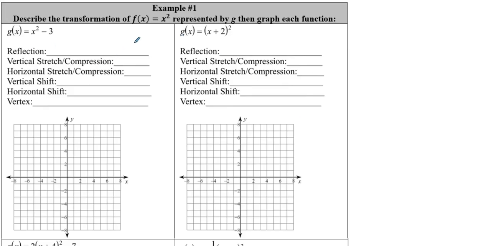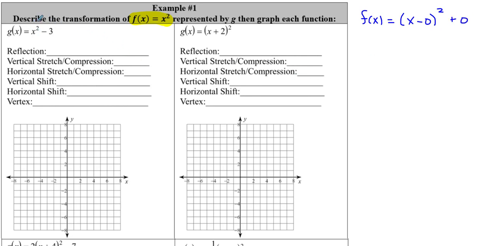All right, so let's go through a couple of these problems. Here in example 1, it wants us to describe the transformation from our parent function, f of x equals x squared, and then we want to graph each function. Now remember, if your parent function is x squared, the way that looks in vertex form is x minus 0 squared and then a plus 0.